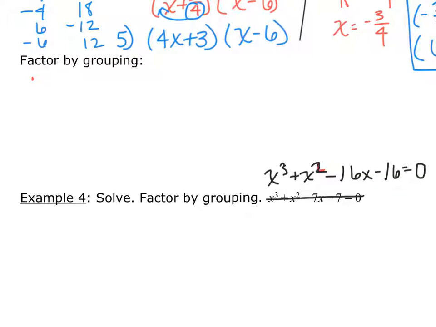All right, so remember when we factor by grouping, these are going to be very broad directions. You're going to group. You're going to split your function into groups. So I'm going to have two pairs. Here we're going to pair the terms.